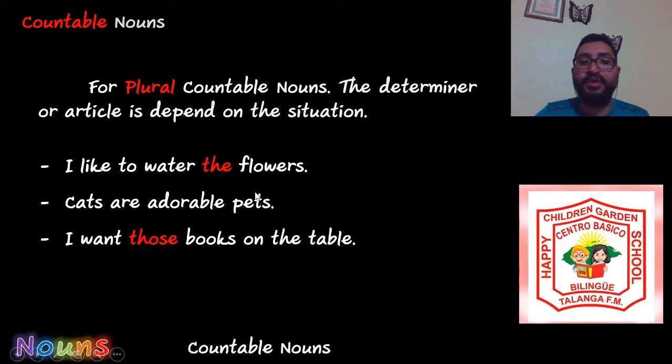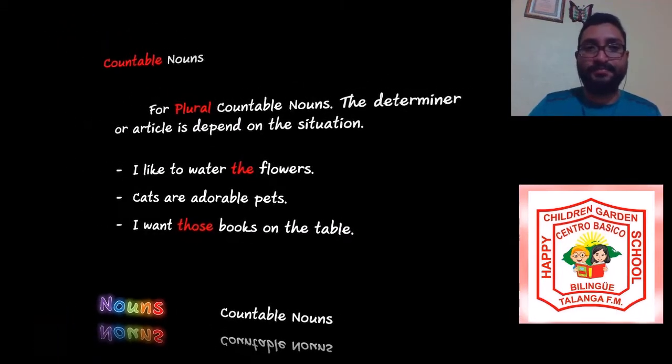So it's going to help us see when we have a countable or an uncountable noun. I want those books. See, you have an article before the noun. So we have flowers, we have cats, and we have books, and even pets. So they are count nouns.